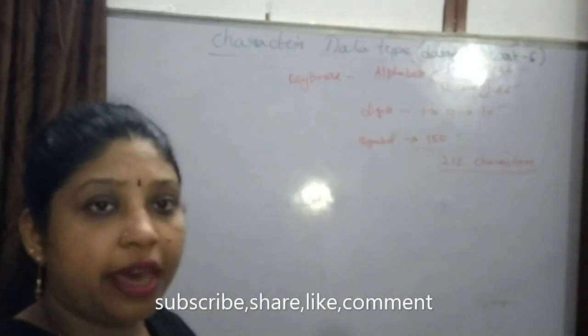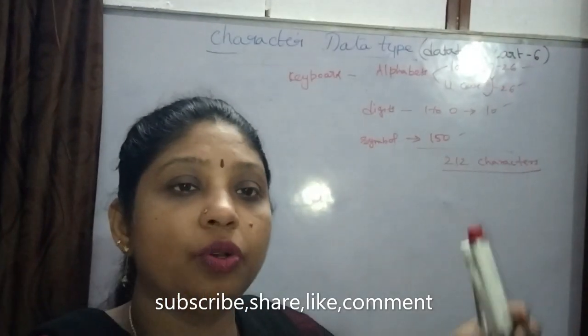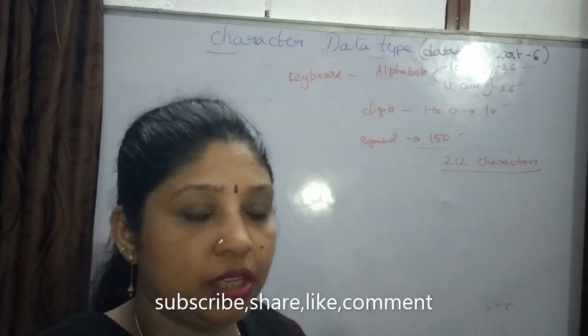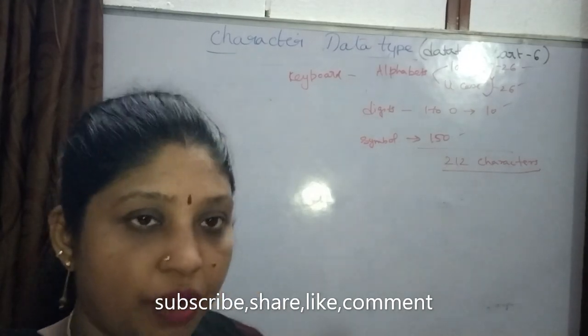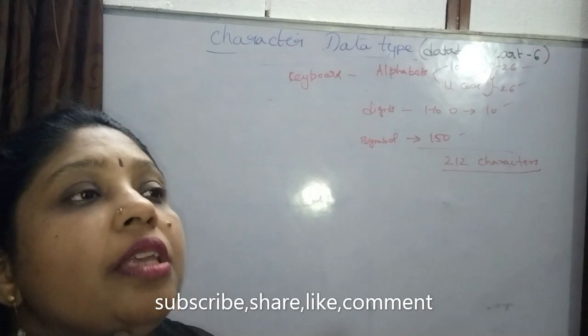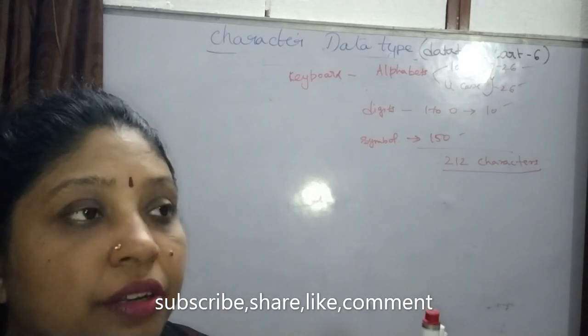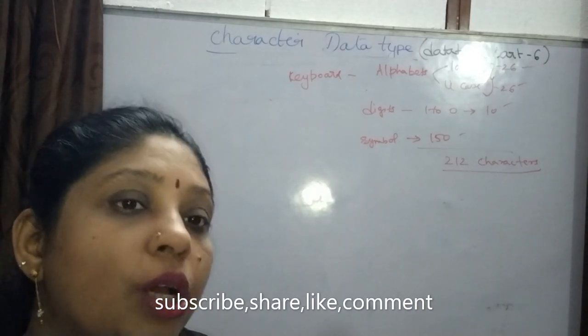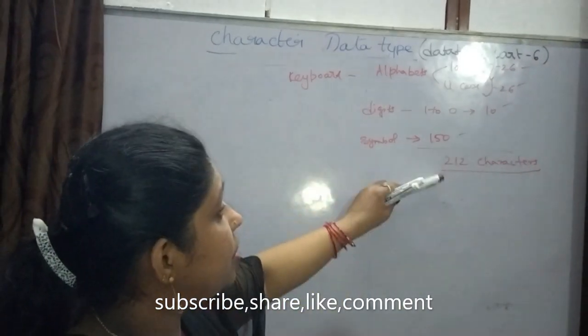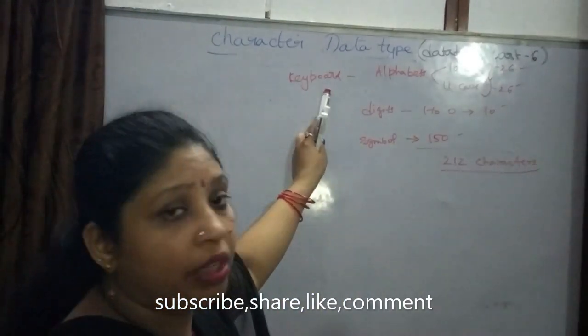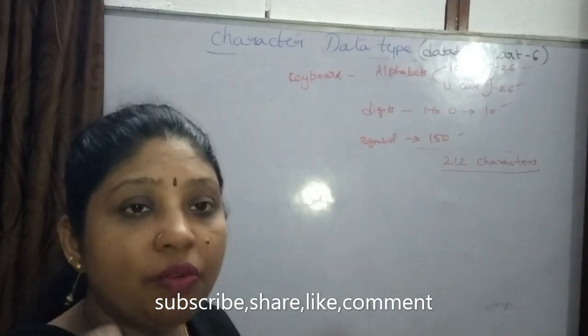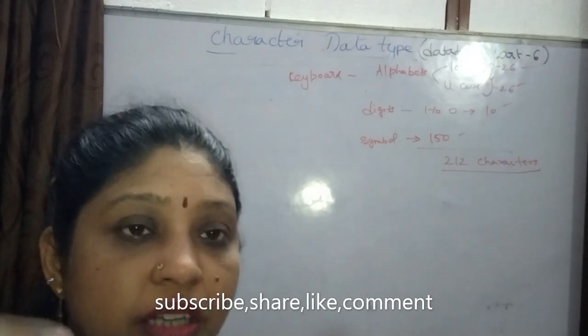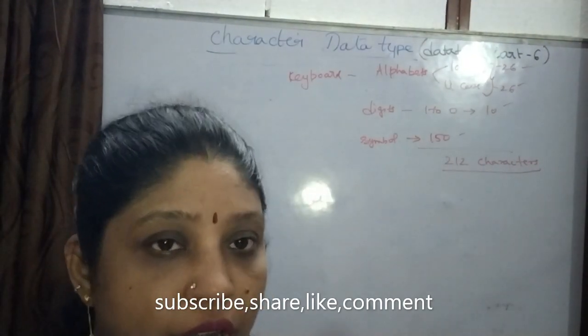So all these characters have some code. Who has done all these things? There is one company from America, that is US. They have created a code for each character on the keyboard. That code is understandable by the compiler only.